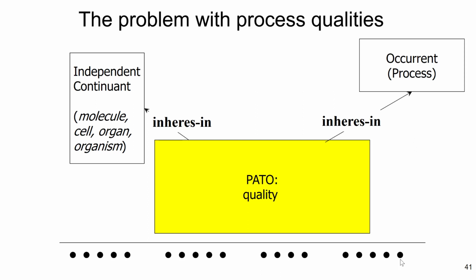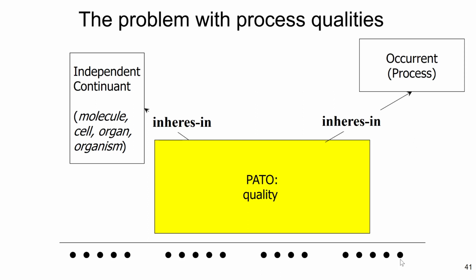which is called PATO, the A stands for attribute, I think. Attribute, anyway. The OBO people liked cute acronyms in those days. So they just had a large bundle of qualities which does not differentiate in the way that BFO requires.